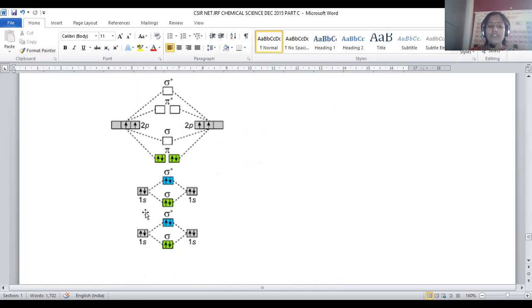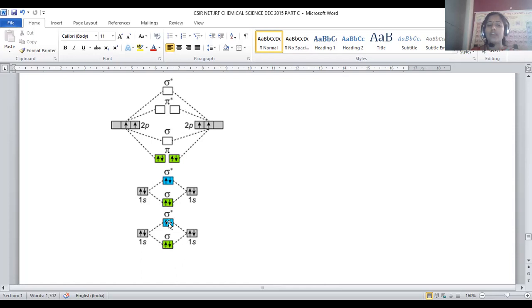It will be 1s2, 2s2, 2p2 electronic configuration. Carbon being a 6 electron system, 1s2, 2s2, 2p2 will be the electronic configuration. When we take two carbon atoms, they combine in such a way that the 1s orbitals when combined give sigma 1s and sigma star 1s orbitals.